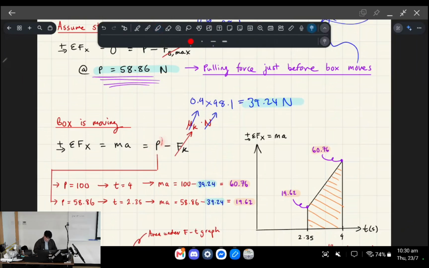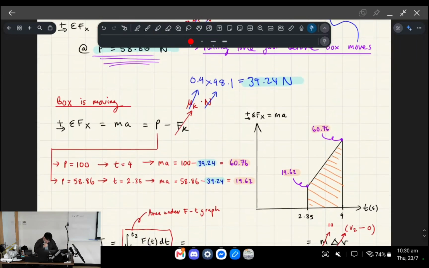So P is going to change depending on what point in time we're referring to. The two points in time we're interested in are at the very end, t equal to 4 seconds, and the point where the box starts moving.